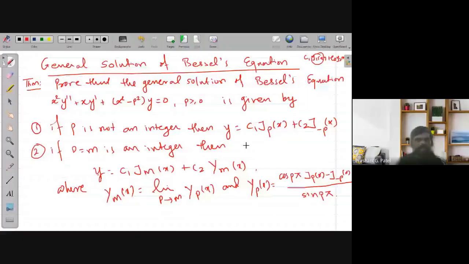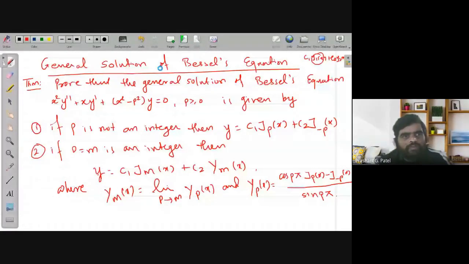So here we have already done that one of the solutions of this Bessel's equation is of the form Jp of x, which we already proved in one of the lectures. So let us write that here.